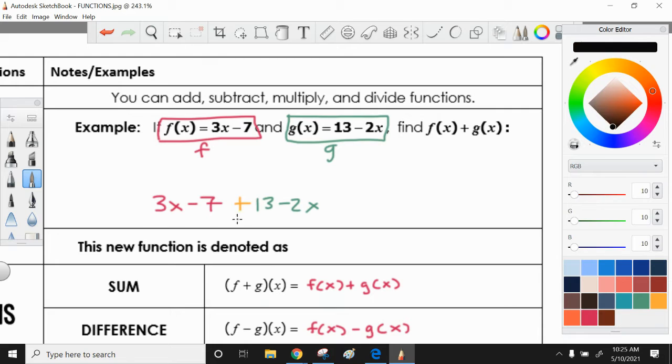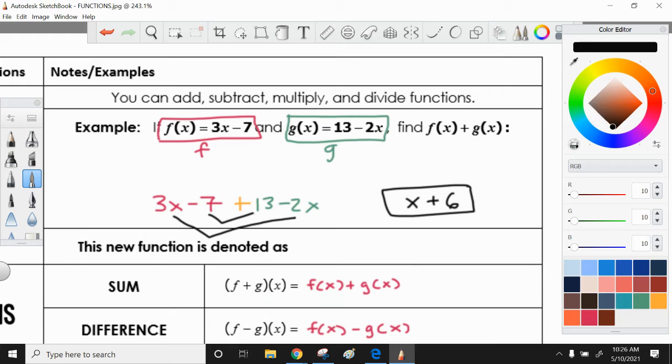We've got to do a little bit of combining like terms. So we see that this is 3x and minus 2x, so that's just going to be a regular old x. We've got negative 7 and positive 13, which is going to be 6. And that's it. That is f plus g.